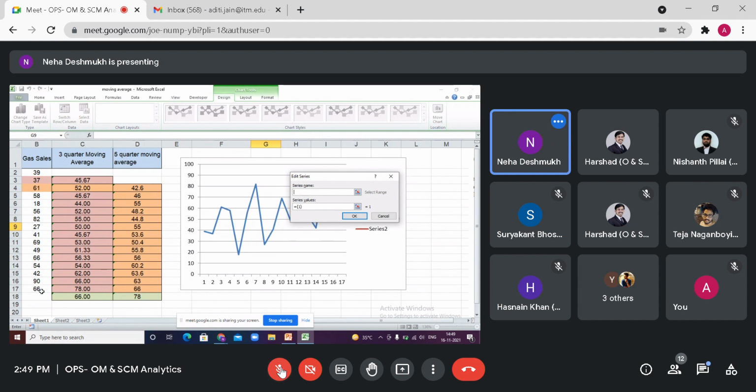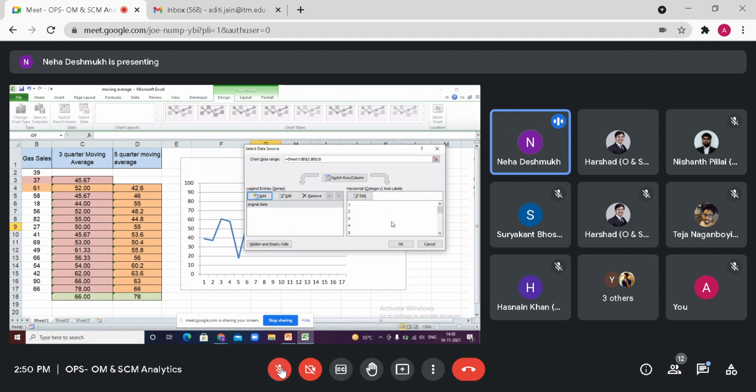Then in series values, total period. Right. Then okay. You will get this window again.